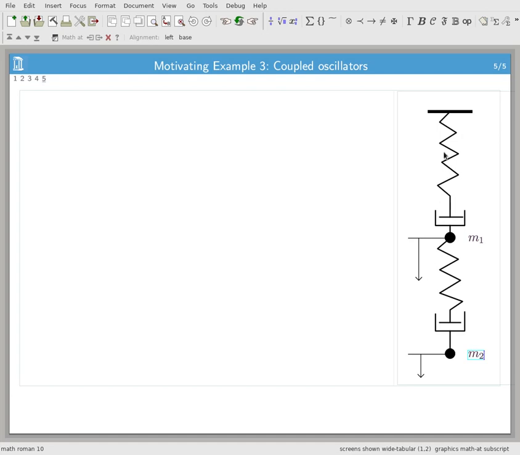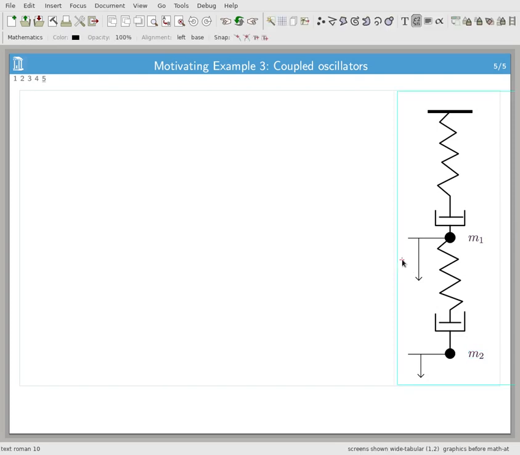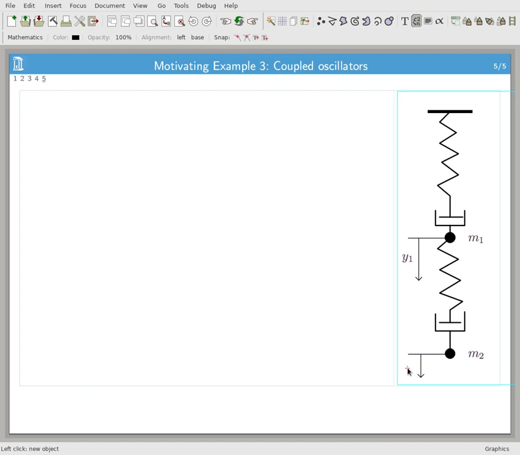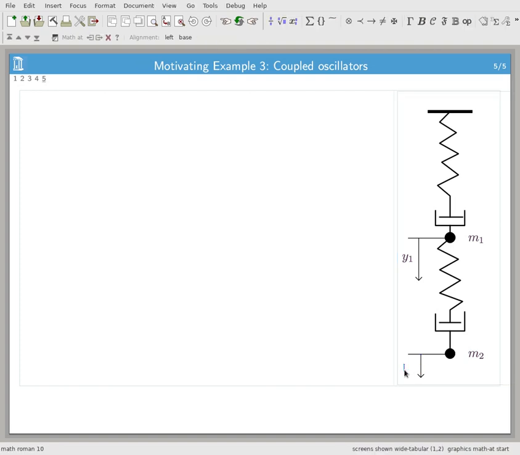These are connected to one another through spring dampener elements, and we will denote by y1 the displacement from the equilibrium position. So y1 equals 0 corresponds to the equilibrium position, and y2 is going to be the displacement from the equilibrium position of the second point mass.